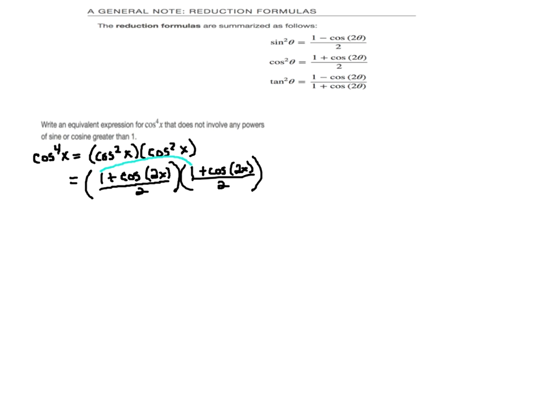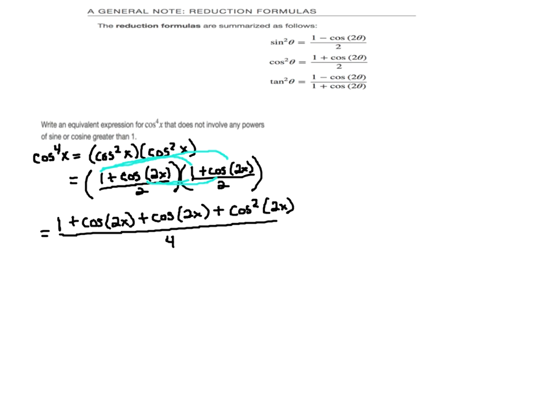We multiply fractions straight across, so I go there, there, there, and there, and then I just multiply my 2's straight across in the denominator. So 1 times 1 is 1. 1 times the cosine of 2x is positive cosine 2x. Cosine of 2x times 1 is positive cosine 2x. Cosine of 2x times cosine of 2x is positive cosine squared of 2x. And that's all being divided by 4.